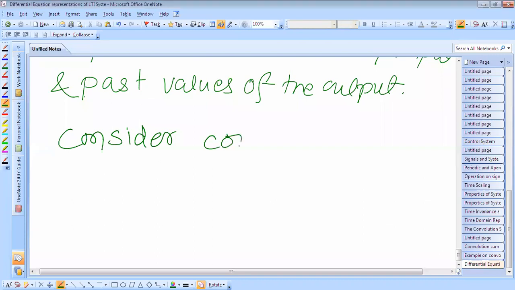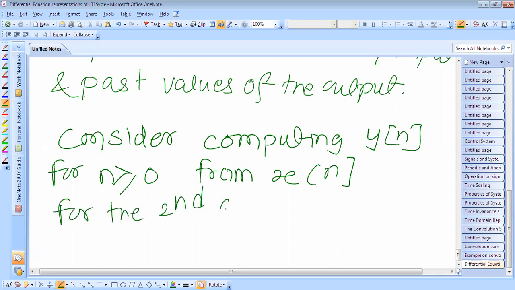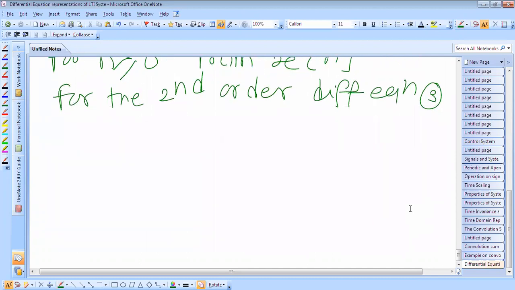Consider computing y of n for n greater than or equal to 0 from the input x of n. So for the second order differential equation 3, rewrite this equation number 3 in this form.